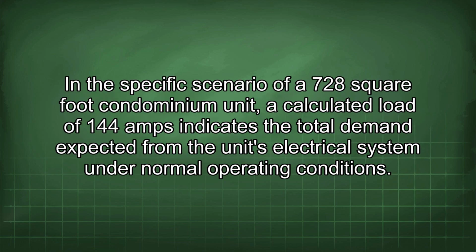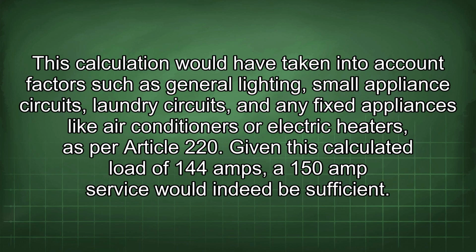In the specific scenario of a 728 square foot condominium unit, a calculated load of 144 amps indicates the total demand expected from the unit's electrical system under normal operating conditions. This calculation would have taken into account factors such as general lighting, small appliance circuits, laundry circuits, and any fixed appliances like air conditioners or electric heaters, as per Article 220.